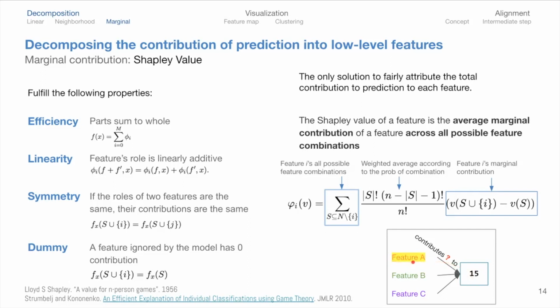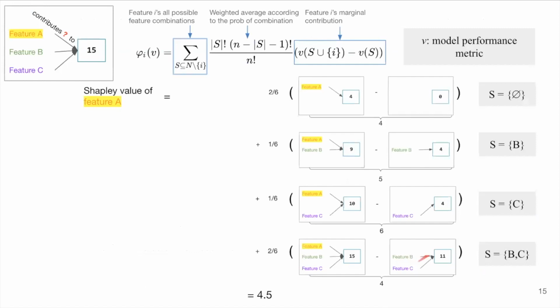We can calculate the feature importance using the Shapley value. The first step is to get all combinations of the feature subsets S. So we list the different feature subsets S excluding the given feature A.